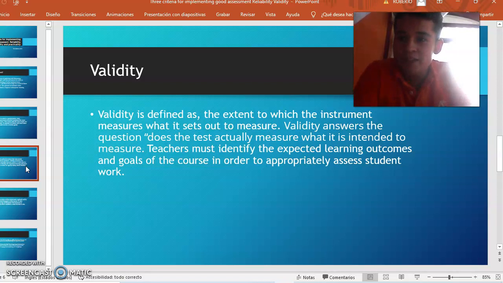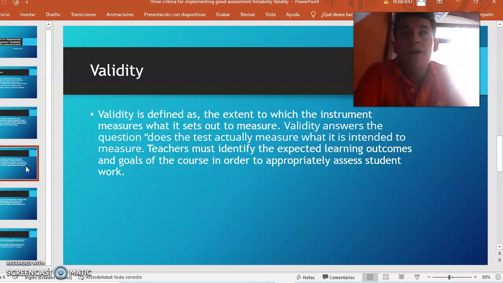Now, what this means is that validity is basically like an observation for a teacher. It's basically like an instrument in which it measures all of the possible outcomes that, for example, tests have. For example, is it a positive outcome? Is this test really beneficial? It's really helping a student learn more. So all these questions are planted for a teacher.